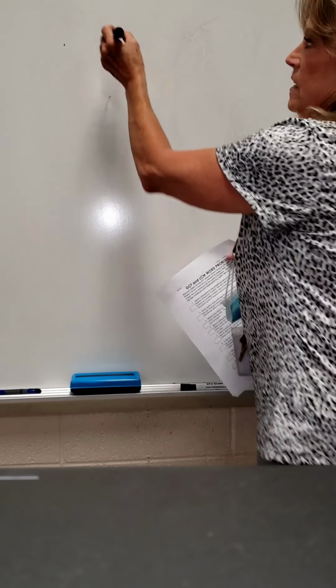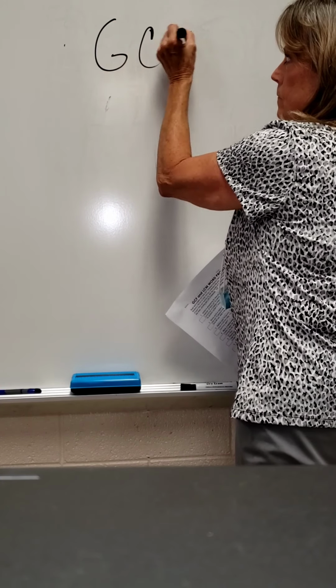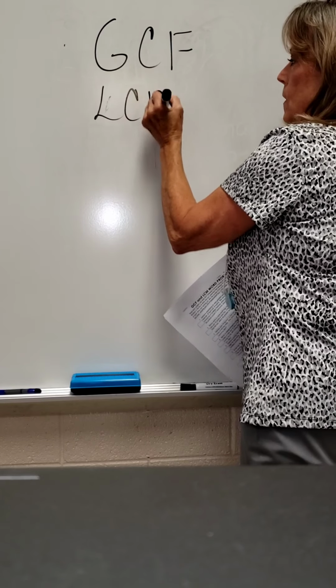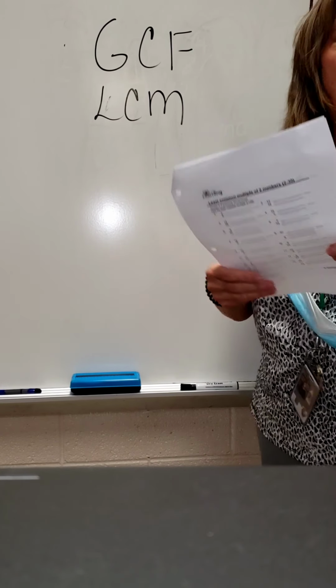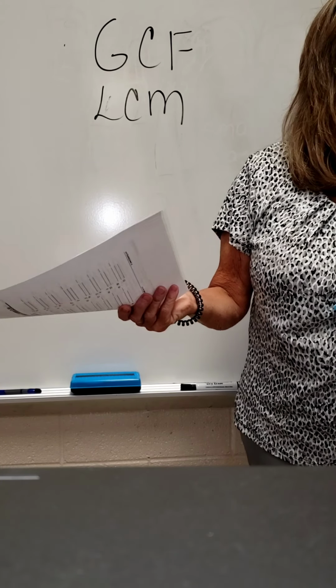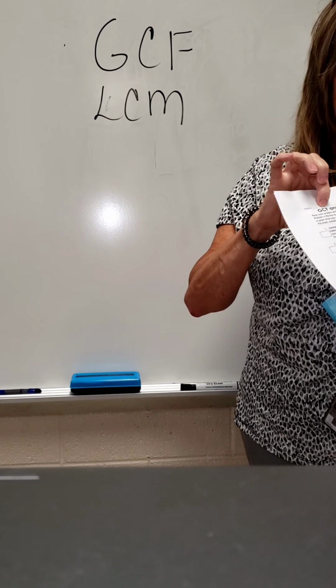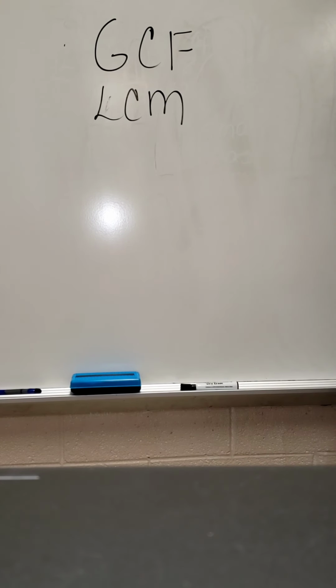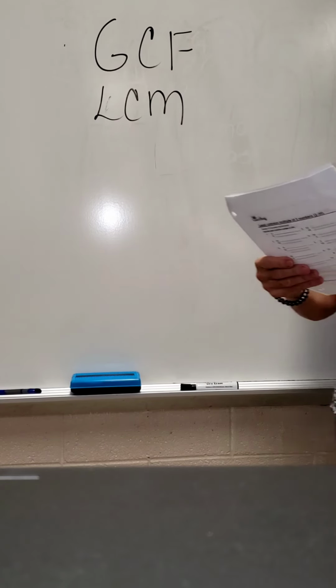Okay, now turn to the next page. You've got the GCF and LCM. And you're going to have to remember, there are word problems, but that's no problem. Because we know the title says GCF or LCM, which means that's the only two things we're going to use to solve the problems. Okay? So let's look at the question for number 1.